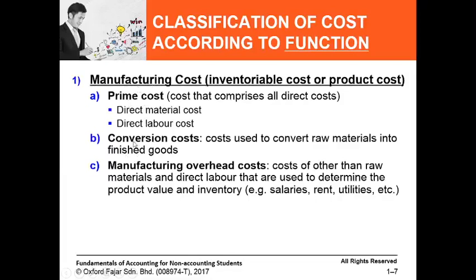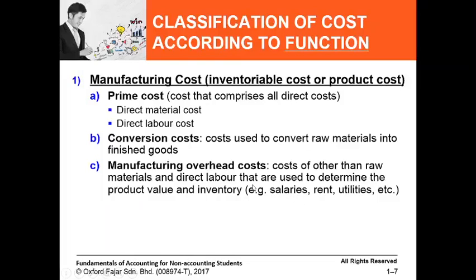Therefore, if the costs are all direct, they fall into the category of prime cost. The second is conversion cost, which is the cost used to convert raw materials into finished goods. Therefore, direct labor cost plus manufacturing overhead cost is considered conversion cost. Lastly, manufacturing overhead costs are costs other than raw material and direct labor that are used to determine the product value and inventory, such as salaries of factory supervisors, and factory clerk.